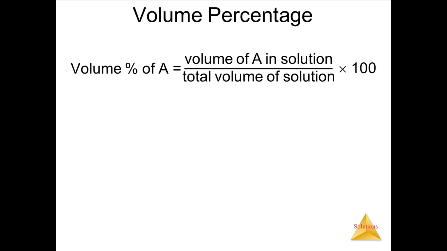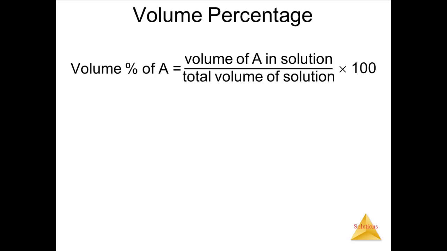Volume percentage. Volume percentage is the volume of the solute over the total volume of the solution times 100 to convert to percent. Volume percent is most commonly used for solutions of liquids in liquids, like wines and other alcoholic solutions. To determine the volume percent, we need to know the volume of the solute and the volume of the solution.